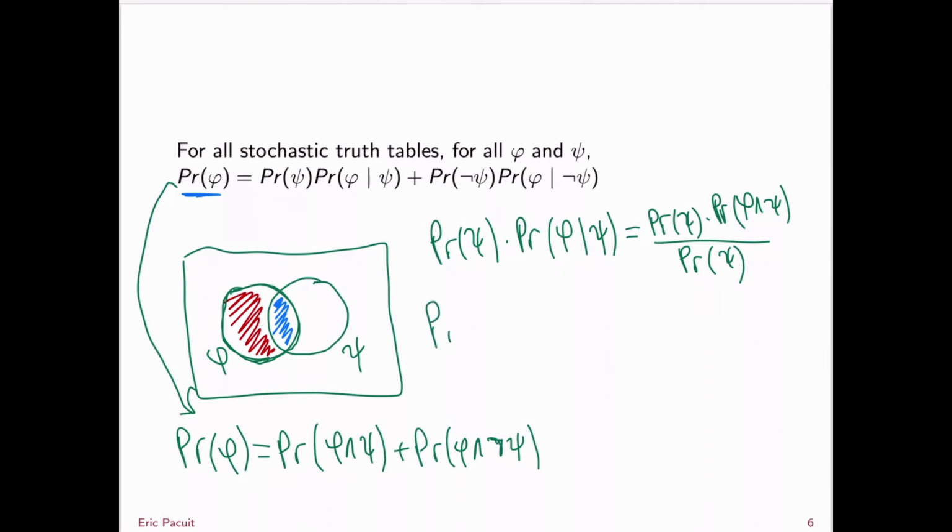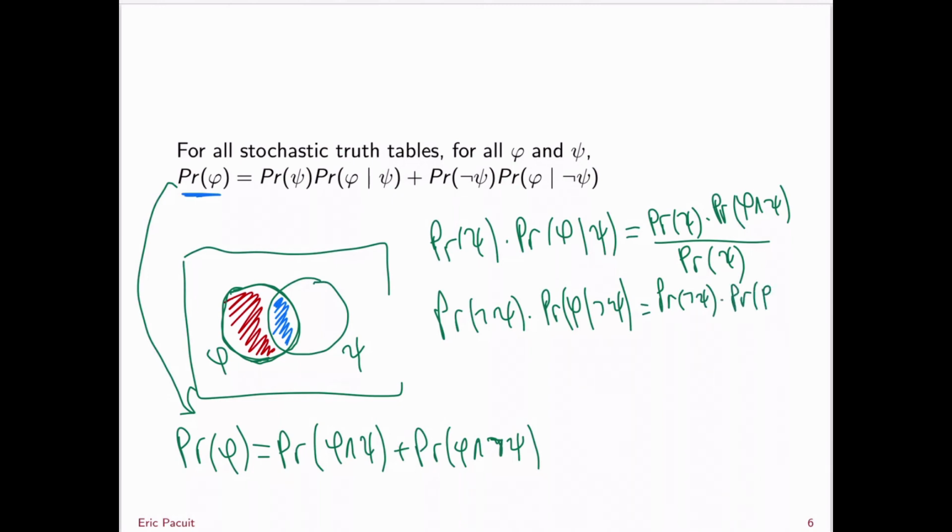And the probability of not psi times the probability of phi given not psi is going to be equal to the probability of not psi times the probability of phi and not psi divided by the probability of not psi.